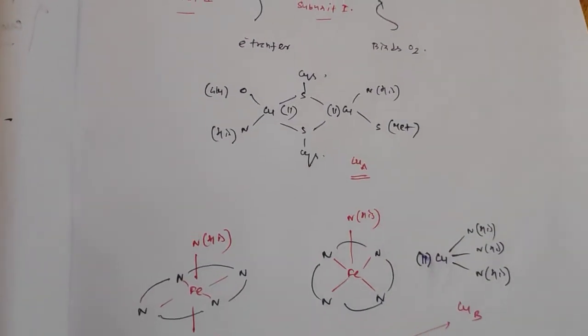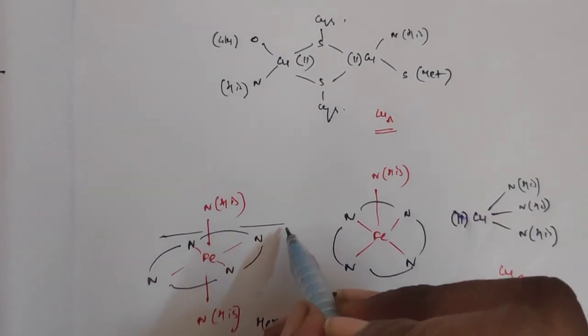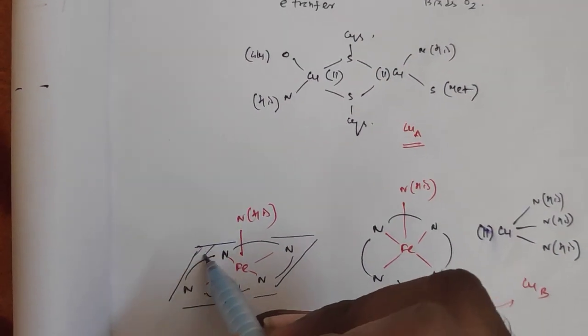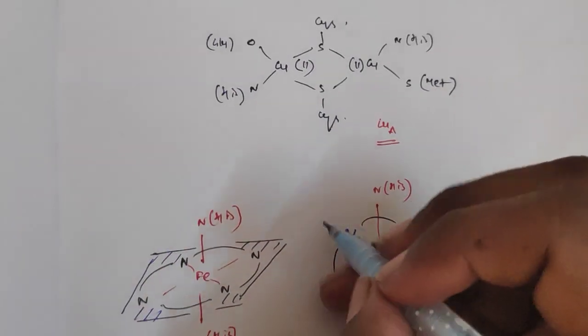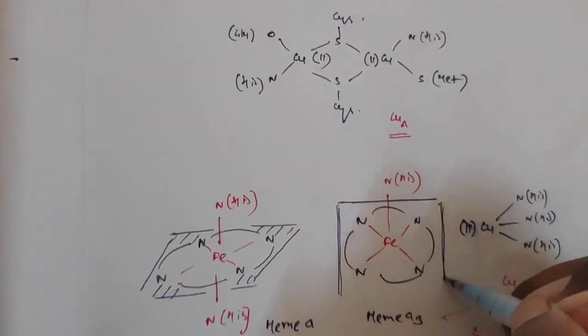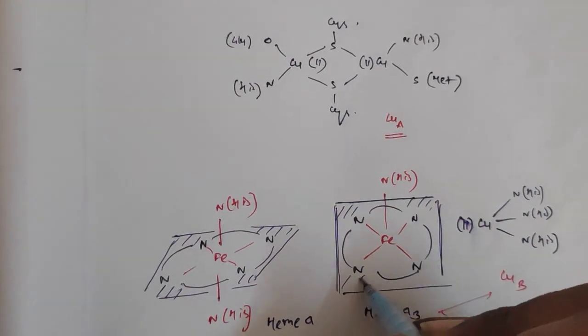So now, this is along this plane, that heme A, and the heme A3 is along the perpendicular plane, like this.